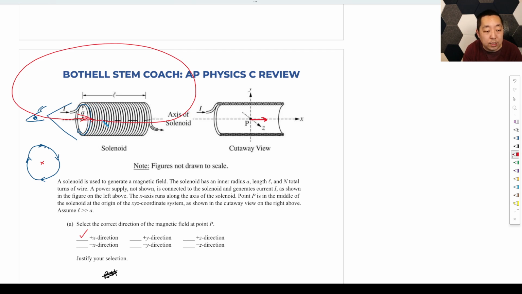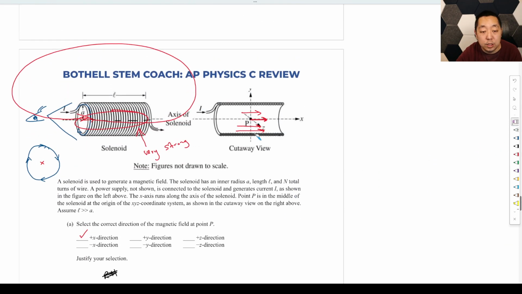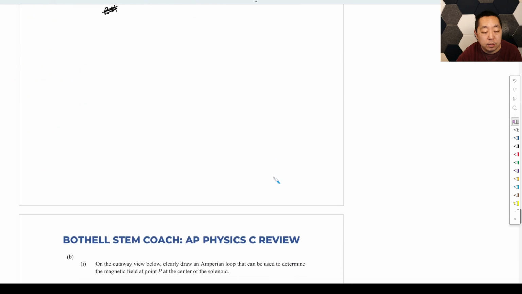Because all of these things are adding up, the magnetic field here is very strong, and it weakens as you get further away. So we can make an Ampere loop that does this. In here, the magnetic field just points to the right like this.